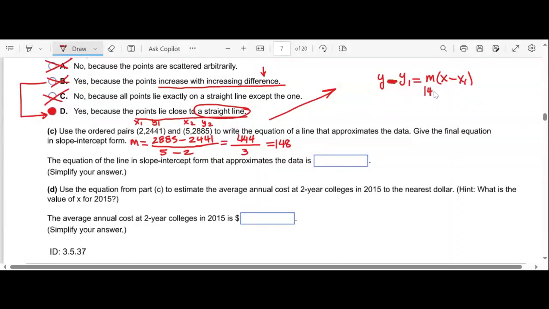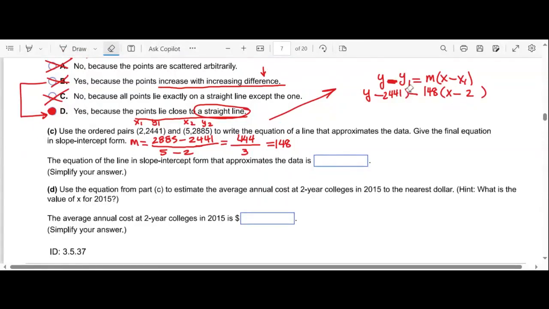I put 148 here. Now comes the choice. Which point should I use for x1 and y1? You can choose any point. I would rather use the first point. So y minus 2441 equals 148 times x minus 2.